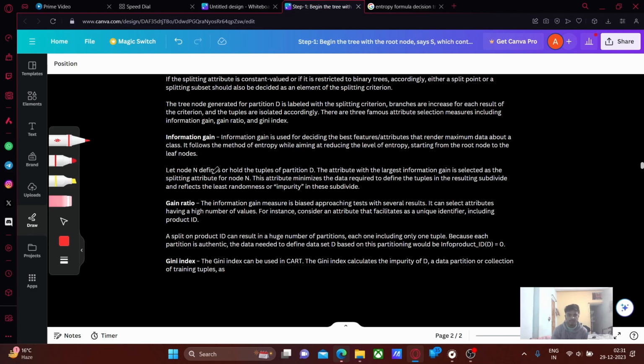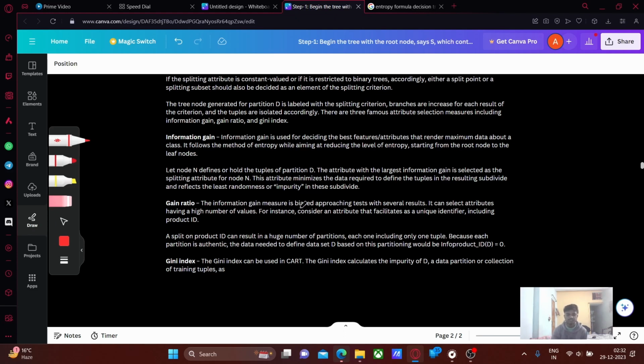Let node N hold the tuples of partition D. The attribute with the largest information gain is selected as the splitting criterion for node N. This attribute minimizes the information required to classify the tuples in the resulting partitions and reflects the least randomness or impurity in these partitions.